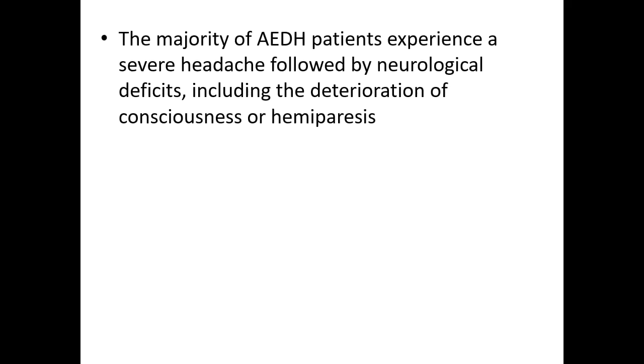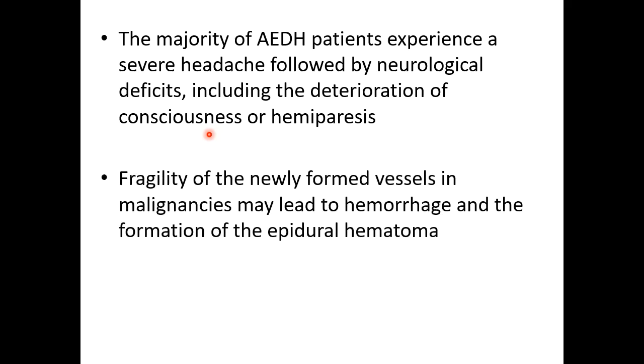The majority of acute epidural hematoma patients experience a severe headache followed by neurological deficits, including deterioration of consciousness or hemiparesis. Fragility of the newly formed vessels in malignancies, particularly due to the neoangiogenesis that happens, may lead to hemorrhage and the formation of a characteristic epidural hematoma.